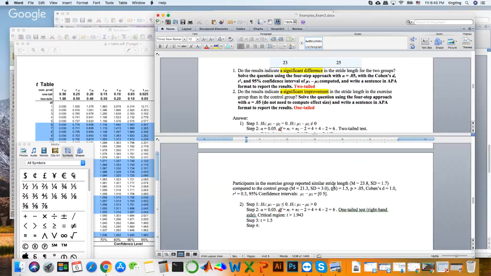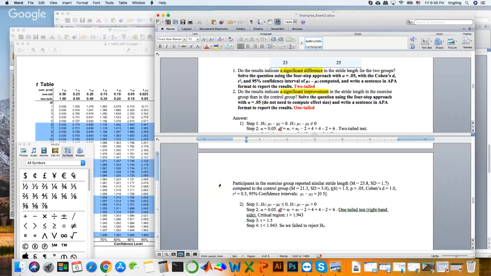Step 4, decision: because t is smaller than this number, we fail to reject H0. We fail to reject the H0 again. And we don't need to compute the effect size.